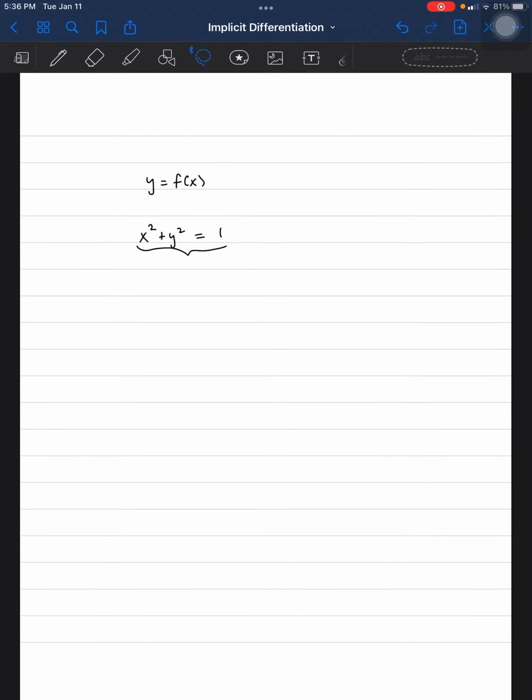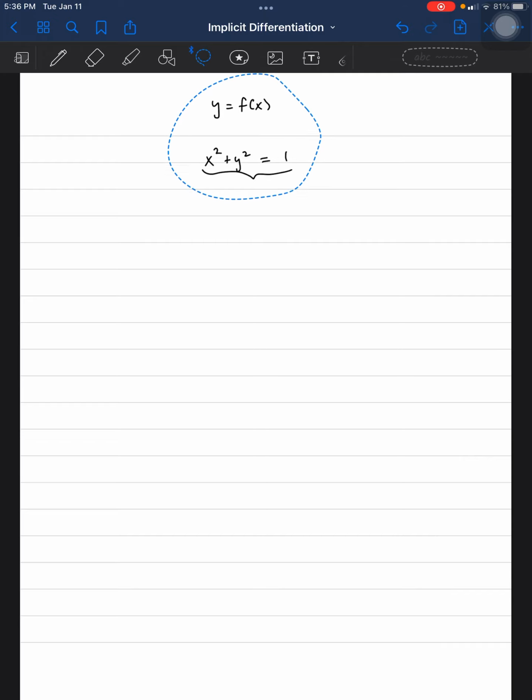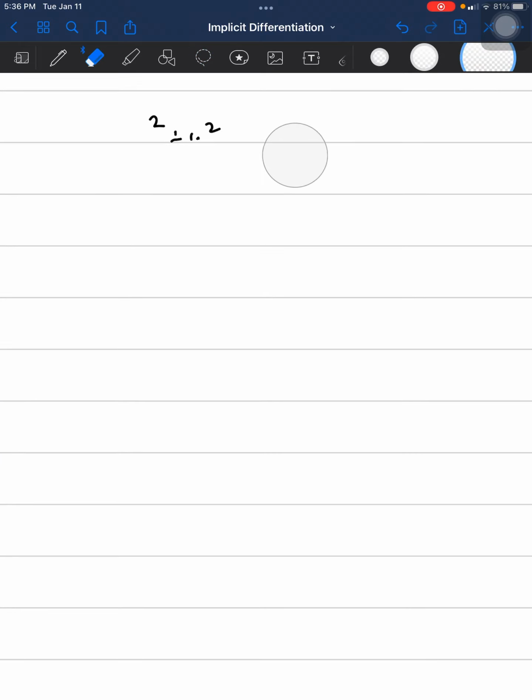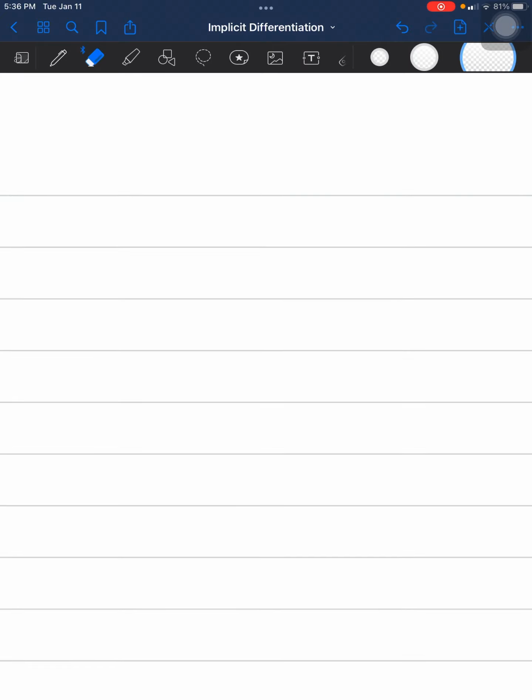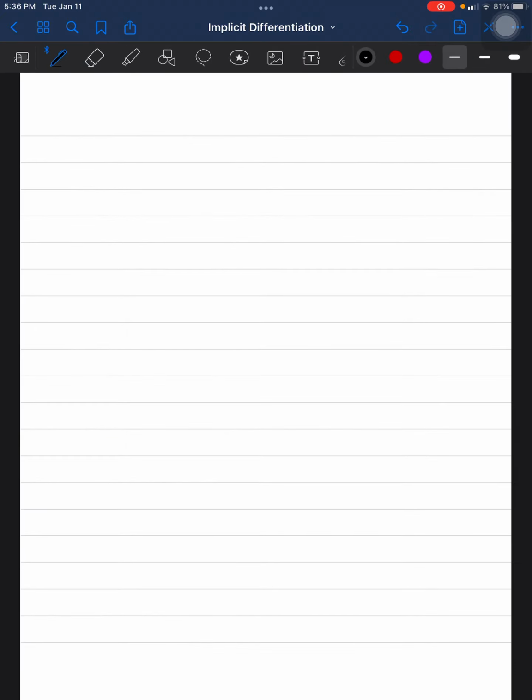Starting off, there are two ways to solve an implicit differentiation problem. However, we're going to be just going straight into doing implicit differentiation.